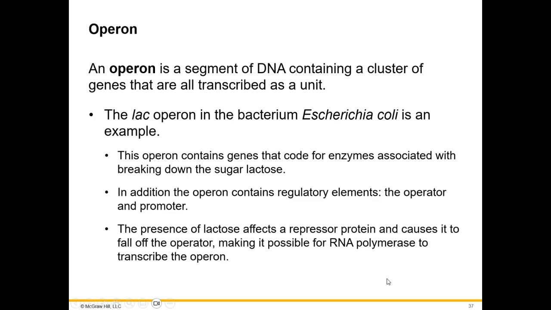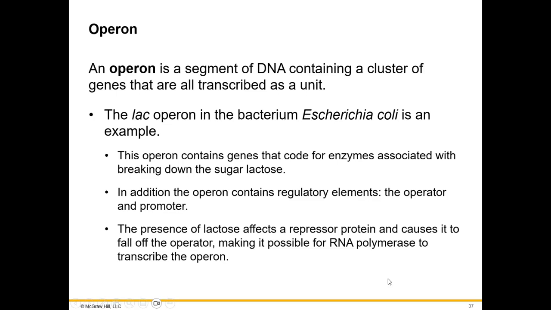One example of those genes is the lac operon in the bacterium Escherichia coli, which is also known as E. coli. This operon contains genes that code for enzymes associated with breaking down lactose. And the operon contains regulatory elements, the operator and promoter.